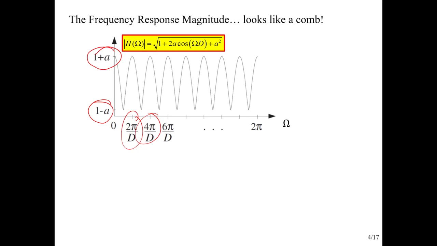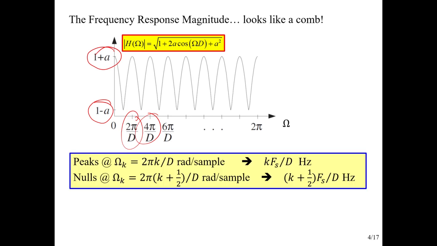So even integer multiples of pi d, or perhaps a better way to say that is integer multiples of 2 pi over d. And if we want to write out equations for where the peaks are, we can say there's our integer k. I didn't state that here, but I think it's pretty clear from the context. So k is an integer. So integer multiples of 2 pi over d.